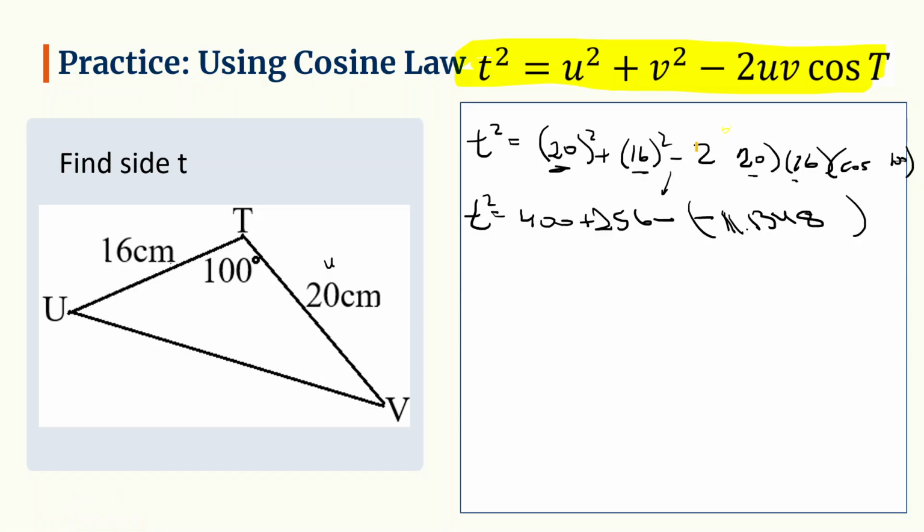So the calculation we did here, when we multiplied 2 times 20 times 16 times cos 100, actually gave us a negative number. That's why that bracket is really going to come in clutch. Why I've always told students put that bracket in, because we are subtracting, that's from the formula, a negative.